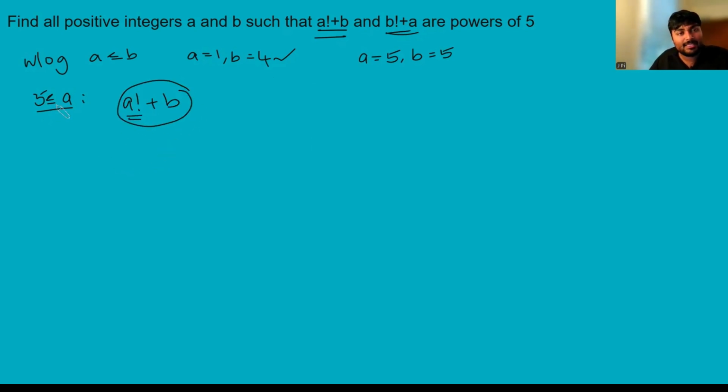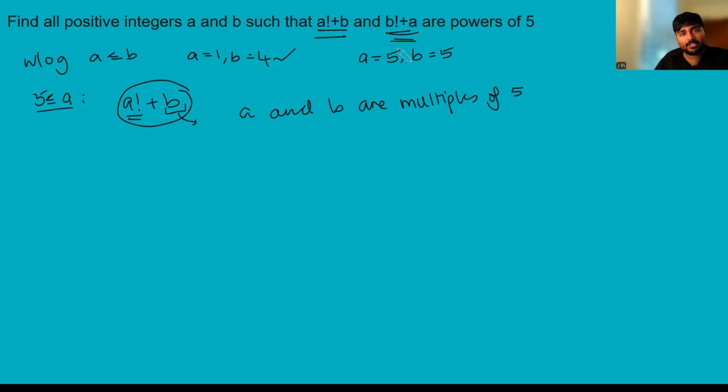But since a is at least 5, a factorial is a multiple of 5, and so therefore b must be a multiple of 5. And with the exact same argument with the other term, we get that a is a multiple of 5. So a and b are multiples of 5.